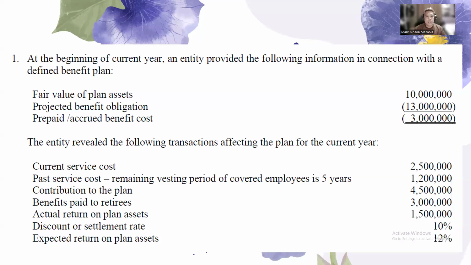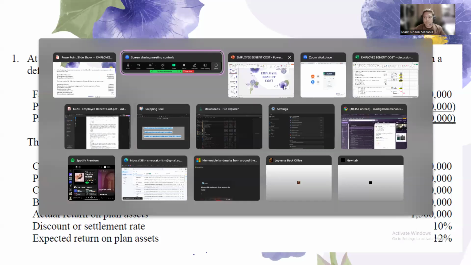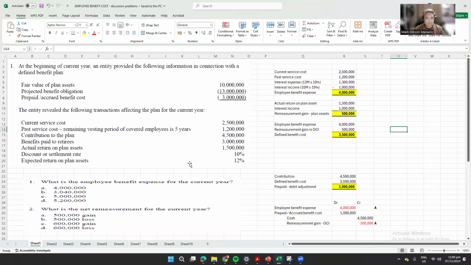So class, let's go to problem 1. Okay, so ganun ang gagawin ulit natin. So we'll introduce templates and then let's go to the different requirements later on. So if you're being asked to compute for employee benefit expense, so the template, this is the standard, so this should be included.